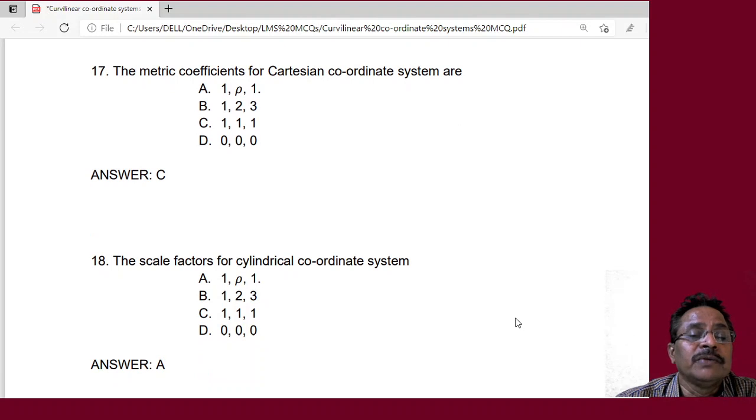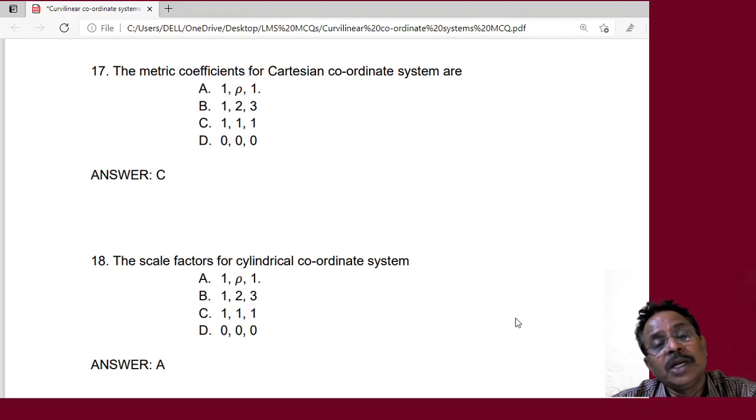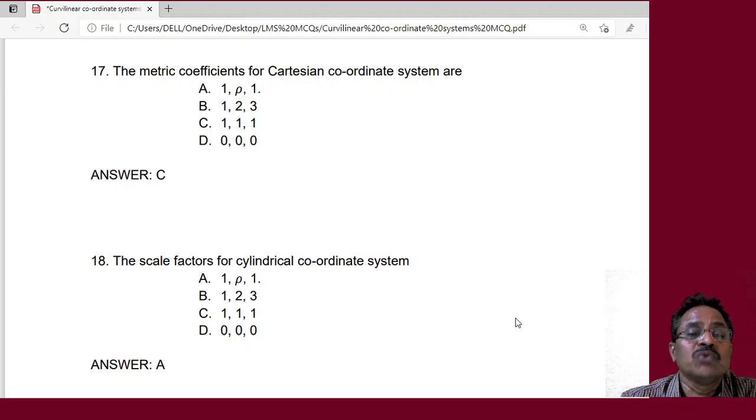Now question number 17, the metric coefficients for the Cartesian coordinate system. That is what we have just seen. The metric coefficient g11 is given by ∂r̄/∂r1 multiplied by ∂r̄/∂r1 again, but here r1 is nothing but x, r2 is equal to y, and r3 is equal to z.